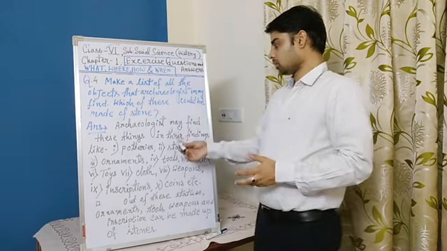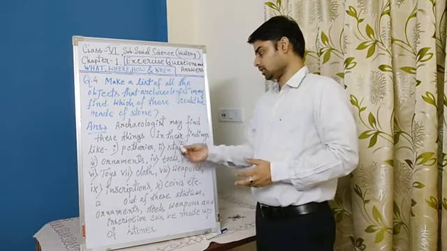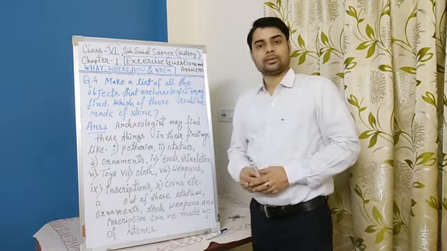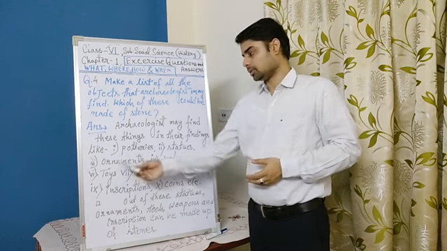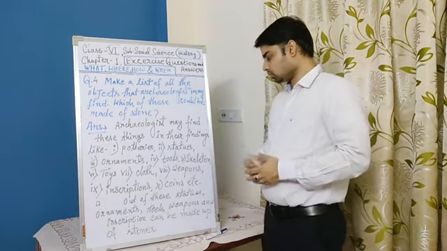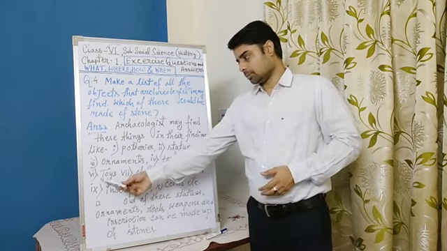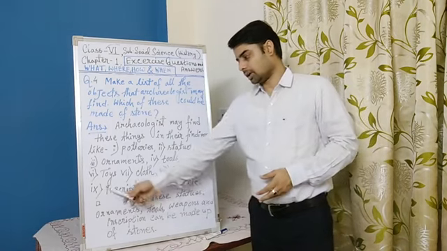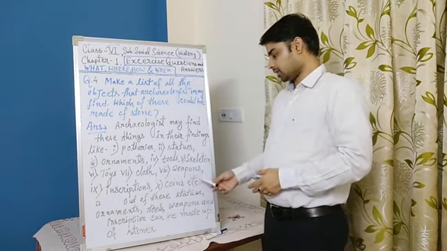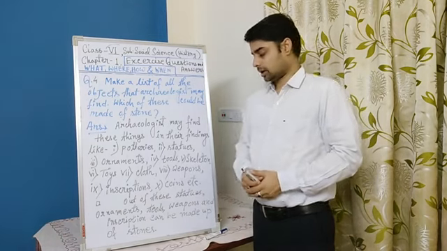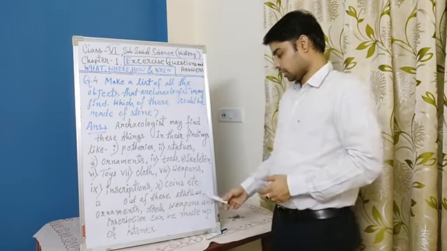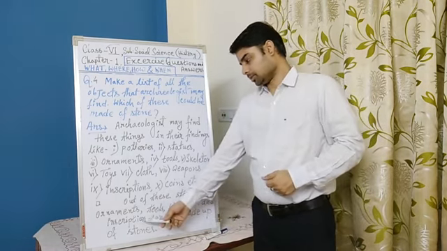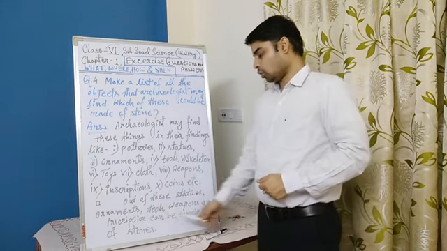Now the answer is, archaeologists may find these things in their findings, like number 1, potteries, the clay pots, number 2, the statues, the sculptures, number 3, ornaments, number 4, tools, number 5, skeleton, number 6, toys, number 7, cloth, number 8, weapons, number 9, inscriptions, and number 10, coins, etc. Change the paragraph and start writing that out of these, statues, ornaments, tools, weapons and inscriptions can be made up of stone.